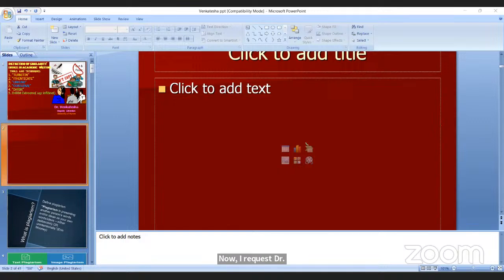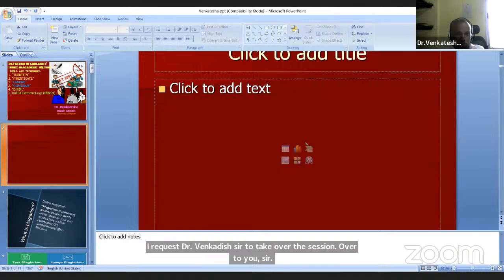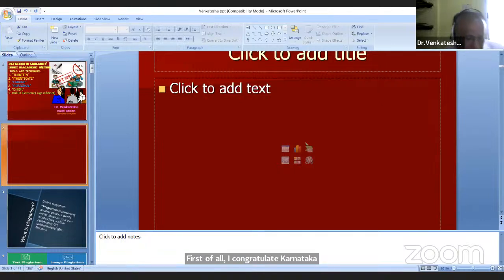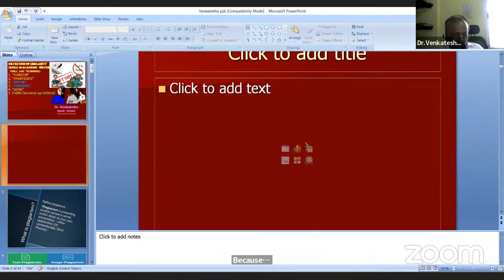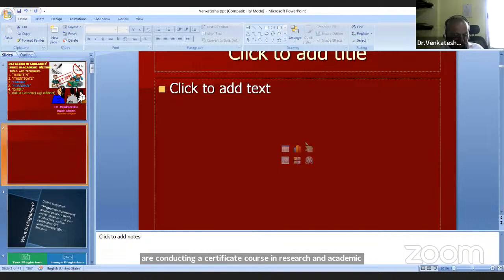Thank you, madam, for your nice introduction. First of all, I congratulate Karnataka Institute for Law and Parliamentary Reform and Vaikunta Baliga College of Law, Udupi, because in coordination with these two institutes, they are conducting a certificate course in research and academic writing. It is a very essential and useful topic for future academicians.